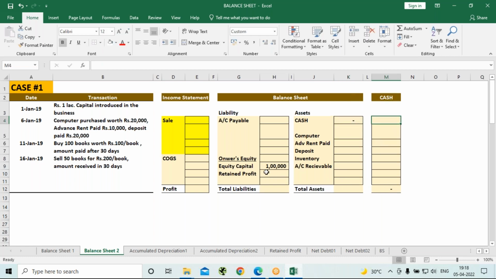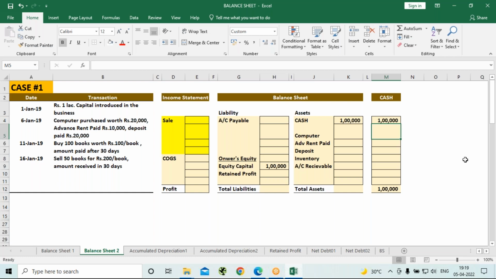Now the equity capital has come in the form of cash, so it is a positive value. Let me put the value as 1 lakh. So you can see that whatever calculation we do on the cash column will affect the assets column.